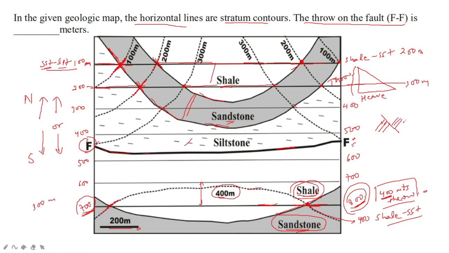This is one situation where the fault is dipping towards south. This is the south direction; we are seeing the profile section. Or this is the other condition, where the fault is dipping towards the north direction. Which condition is shown in the map here?